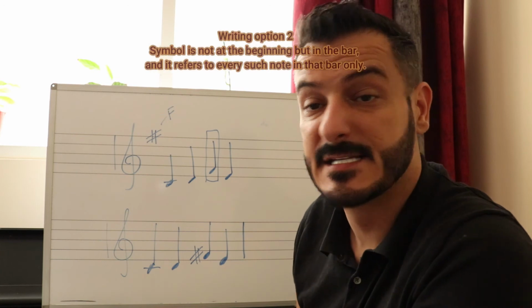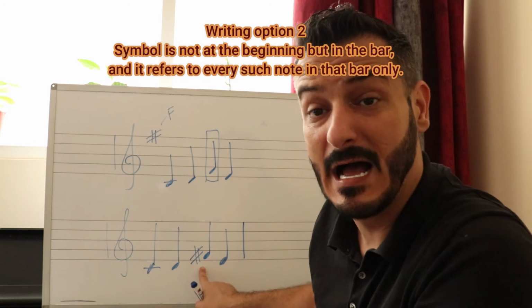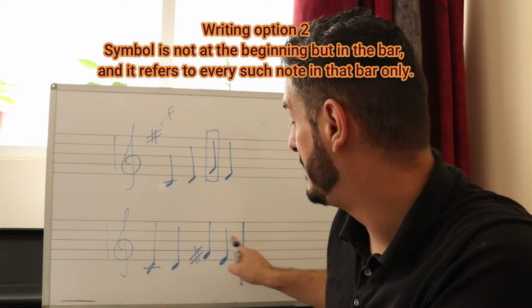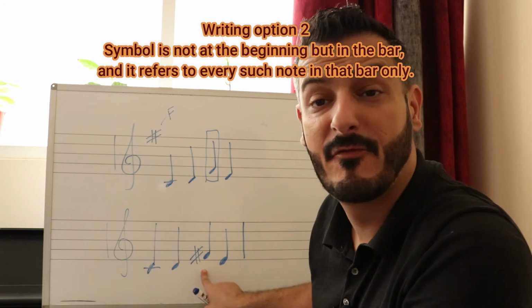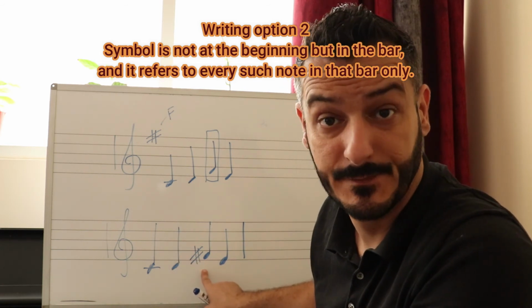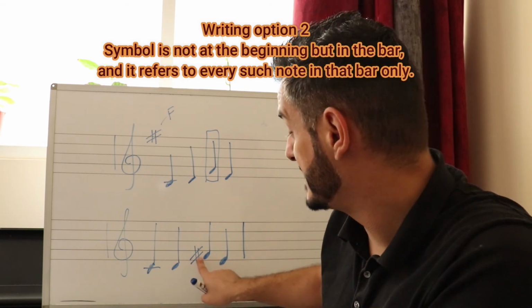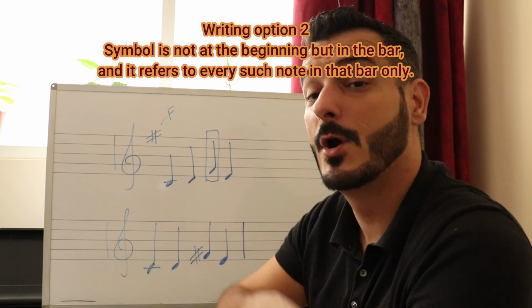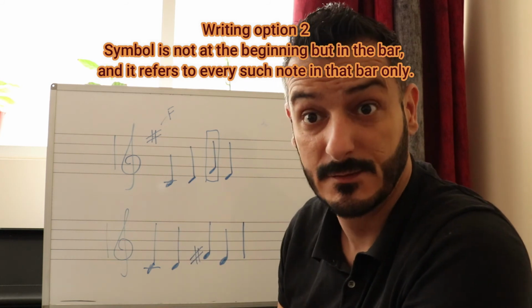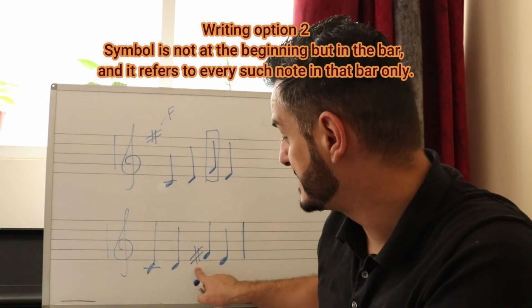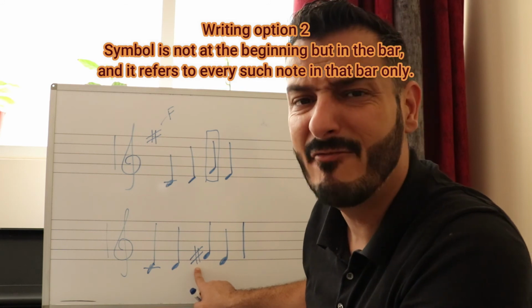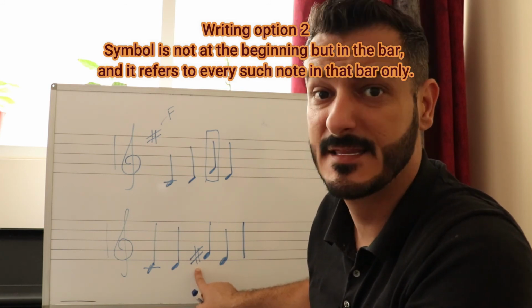In this case, only now and in this bar, F is going to be F sharp. Okay? In the next bar, this sign doesn't count anymore. You are going back to natural. Okay? And this refers to every F in the bar.